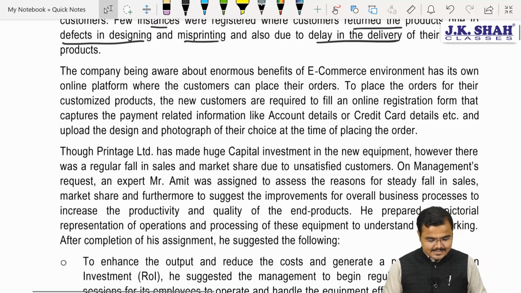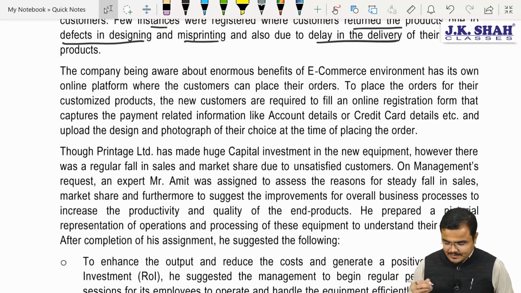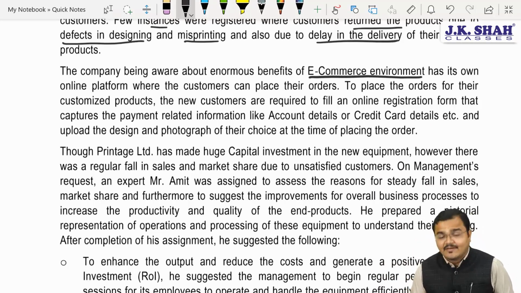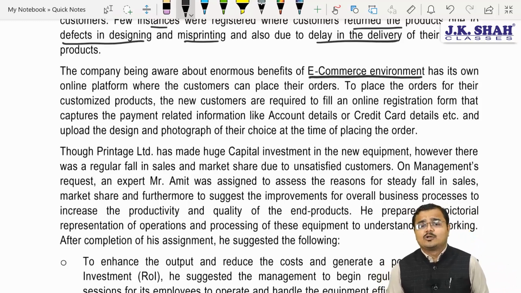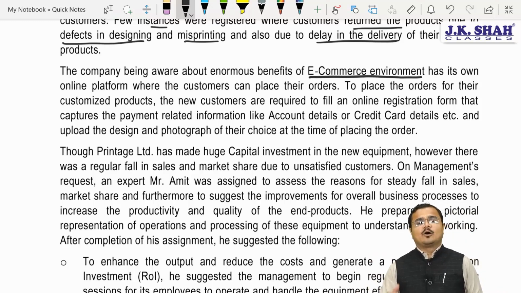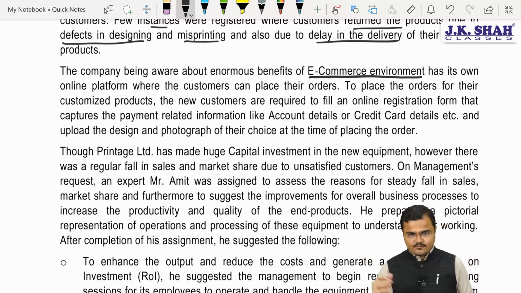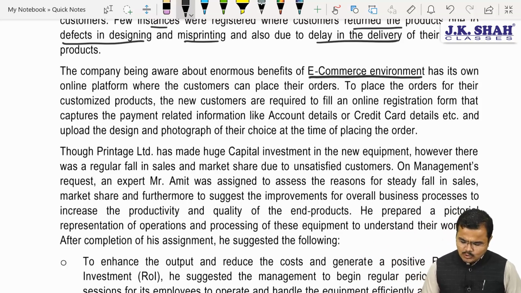Now, the second concept: the company being aware of the enormous benefits of the e-commerce environment. So here they are concerned now with chapter number 4, e-commerce, m-commerce and emerging technologies. Further, it has its own online platform where the customers can place their orders.